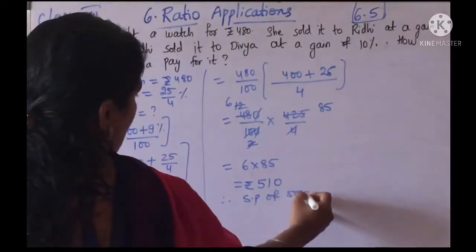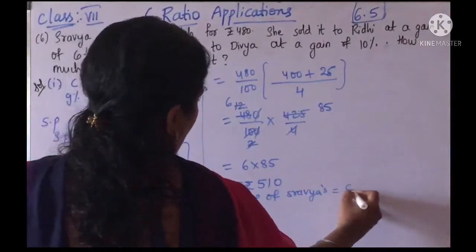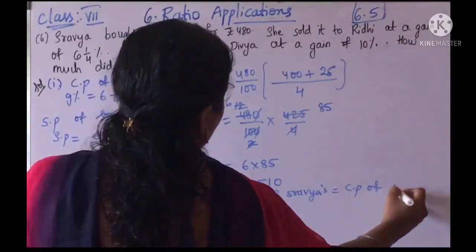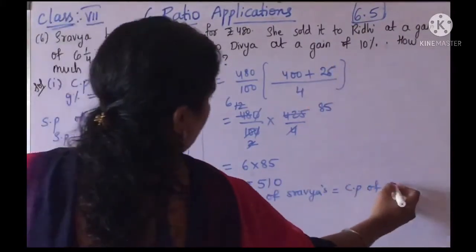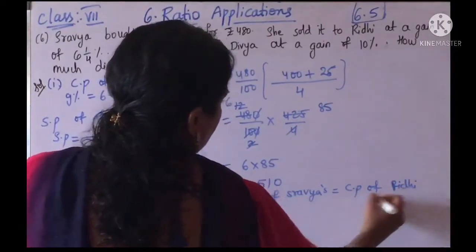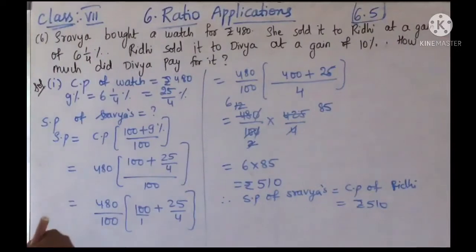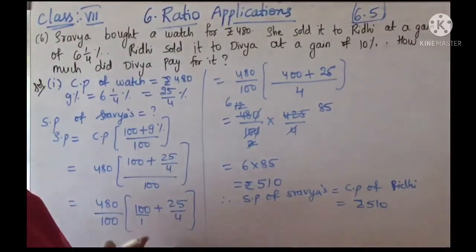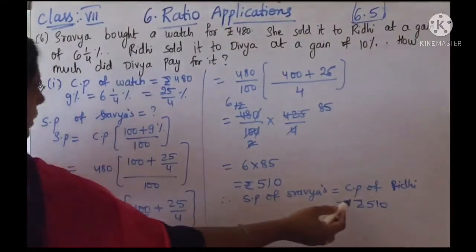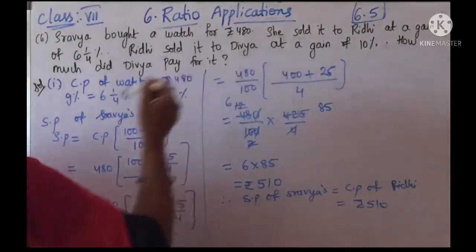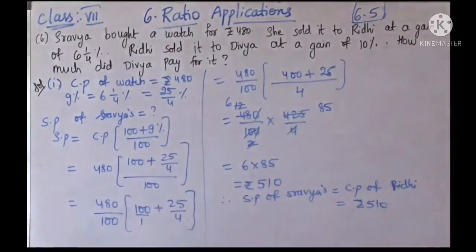The selling price of Shravya is nothing but the CP of Riddhi, that is rupees 510. The selling price of Shravya will become the CP of Riddhi, that is 510. So this is the first part, children. Again, based on the CP of Riddhi and taking a gain percentage of 10, we need to find the selling price to Divya.